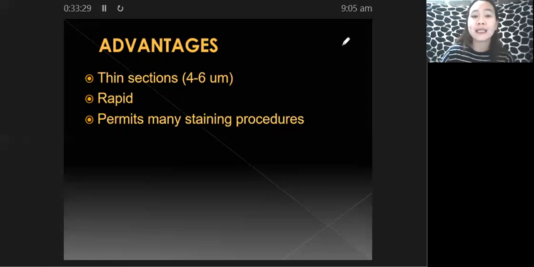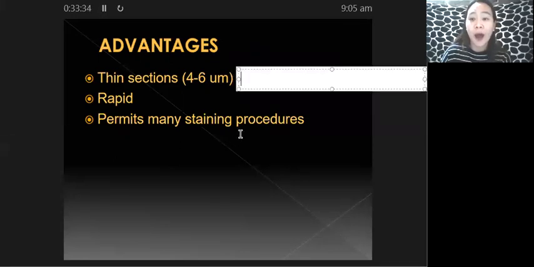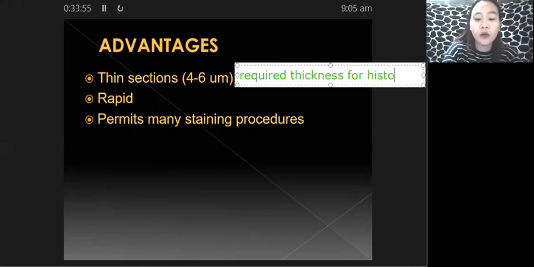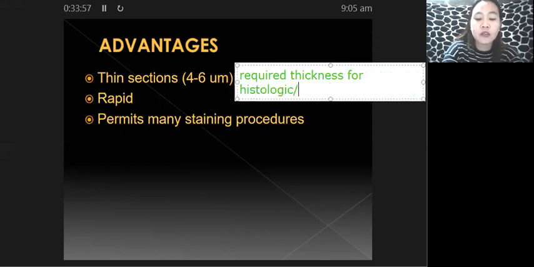Right, so this is the reason why your paraffin wax is utilized for routine processing, because 4 to 6 micrometers is the required thickness of your sections for histologic or histopathologic study.